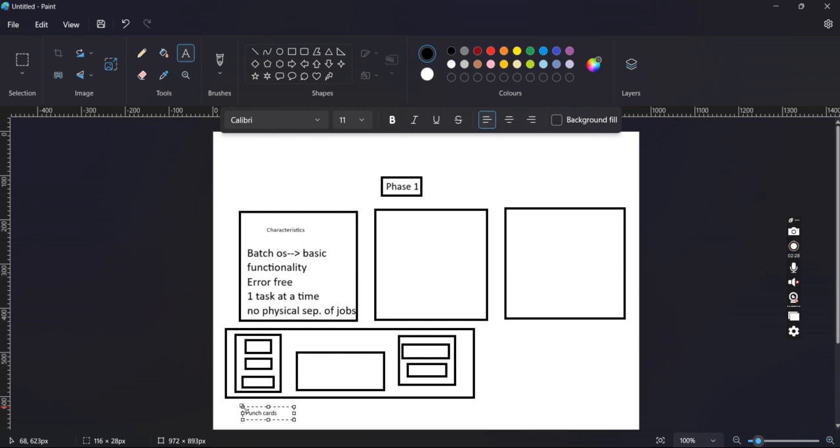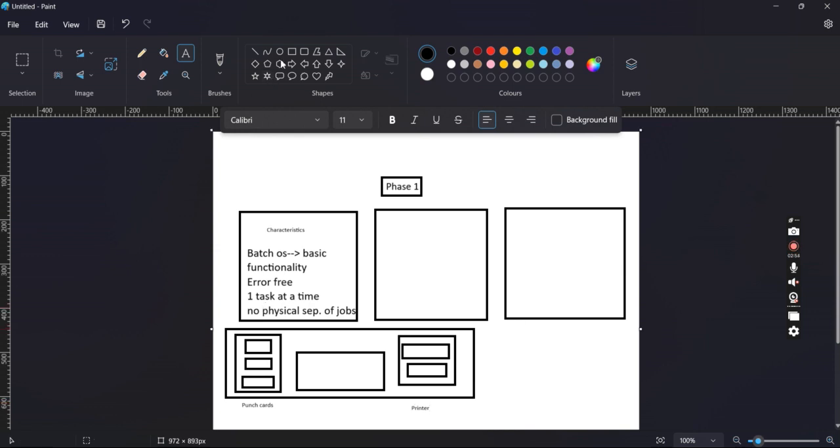So what were punch cards? Punch cards were cards which allowed us to give information in a human understandable form, but whenever they were given as input to a computer, the computer automatically converted it into binary form, right? So the code conversion was directly done through the punch cards and output was provided through the printer.